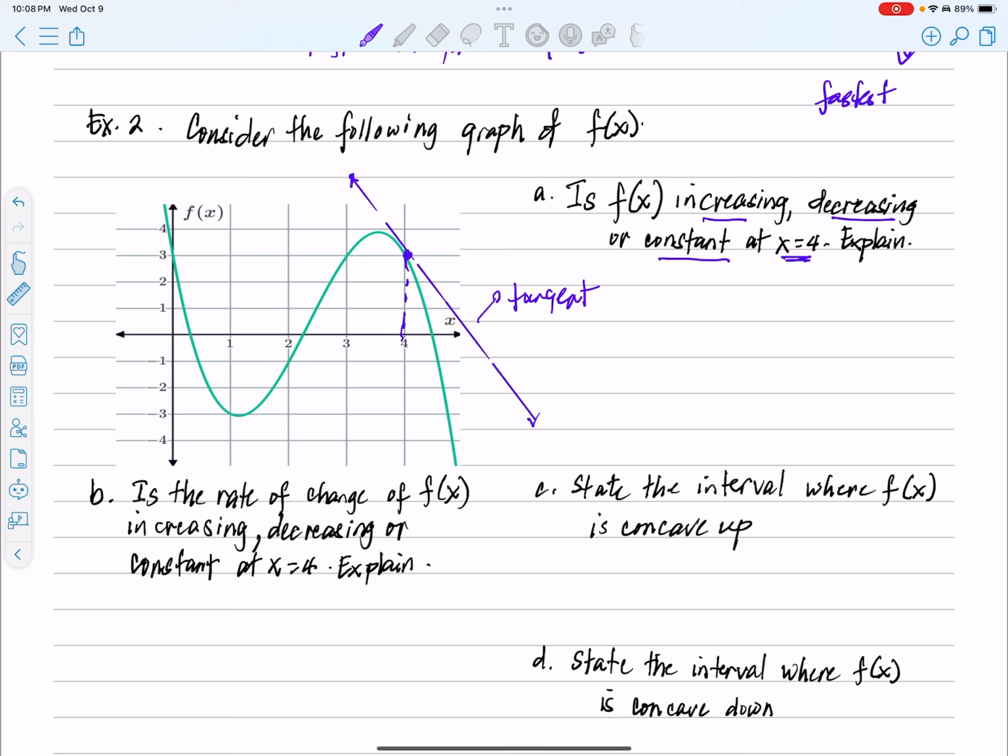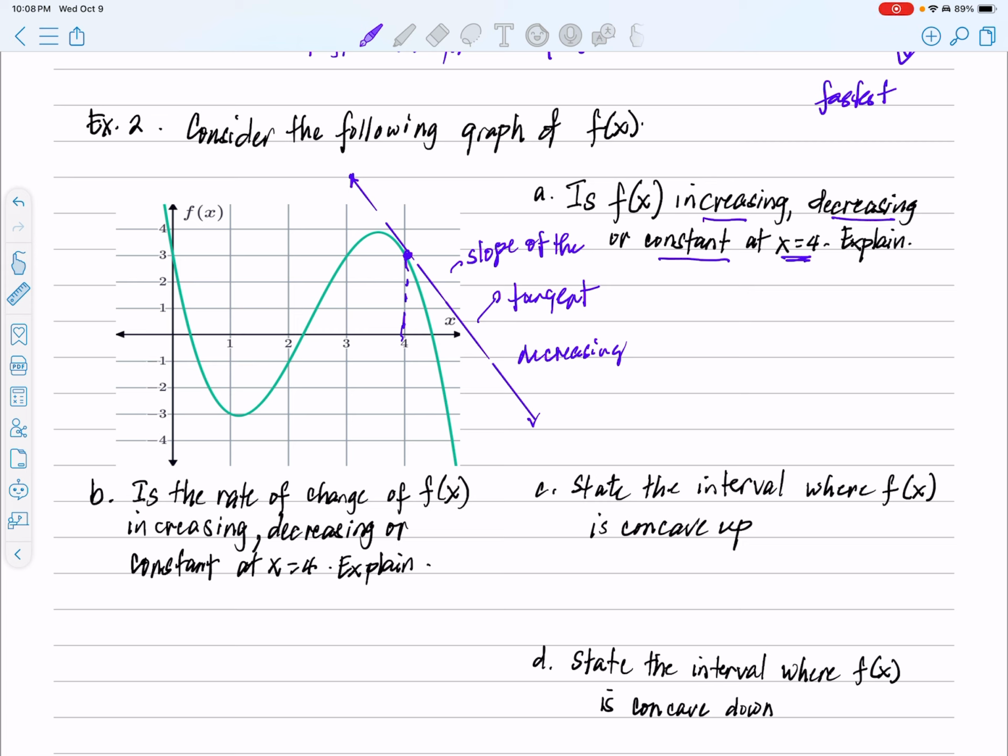Is the tangent line increasing or decreasing, by looking at the slope of the tangent? When it's going from left up down to the right, it is decreasing.